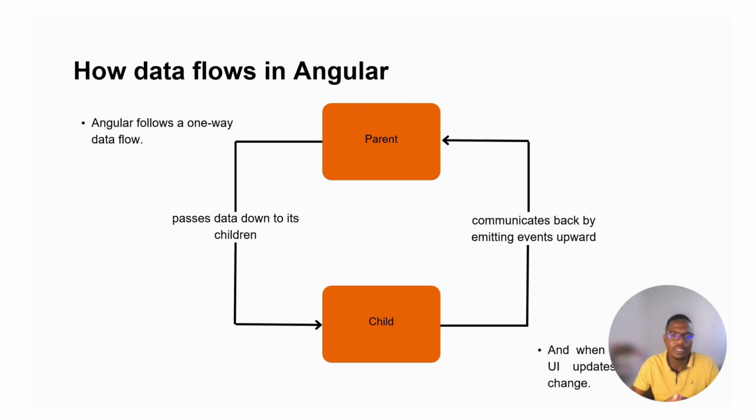The path is always visible. And while this might feel strict at first, it is actually what allows Angular applications to scale confidently. Once you understand this flow, many of the confusing parts of Angular simply disappear, and learning it becomes much easier, and it saves you months and months of frustration later on.